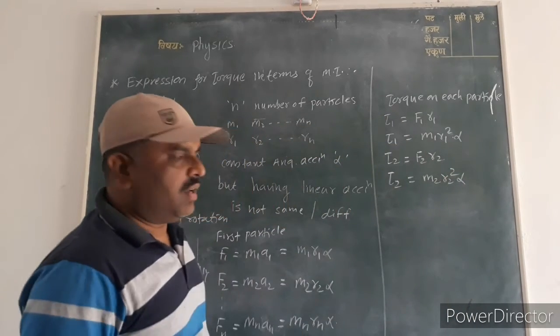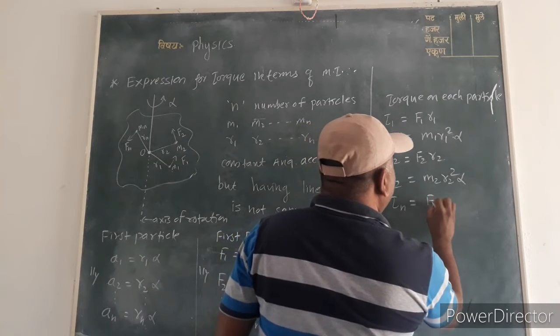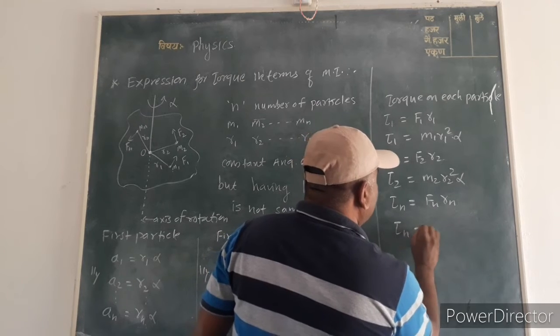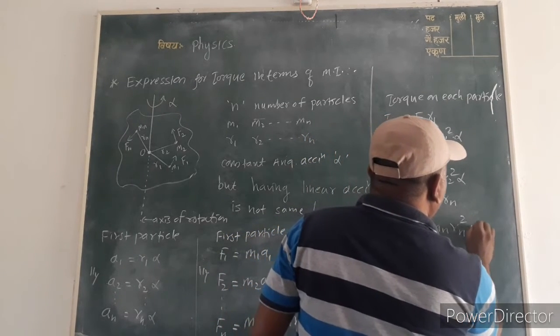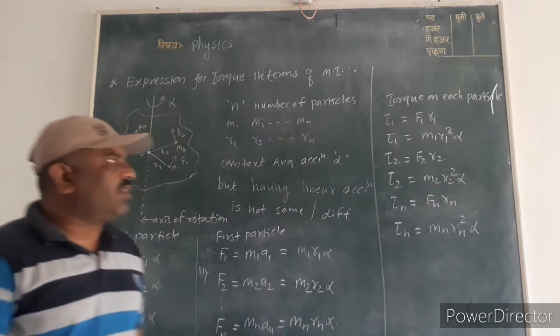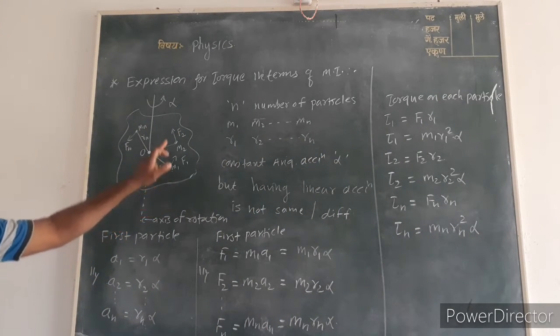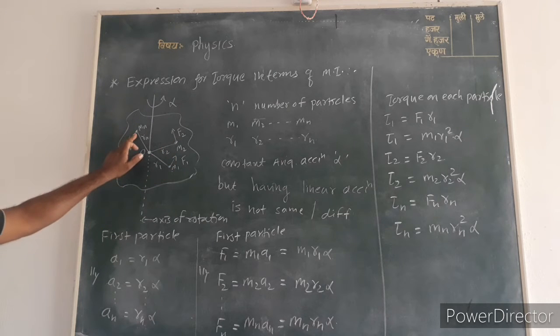And for the last particle, τn is equal to Fn rn, which is mn rn square alpha.